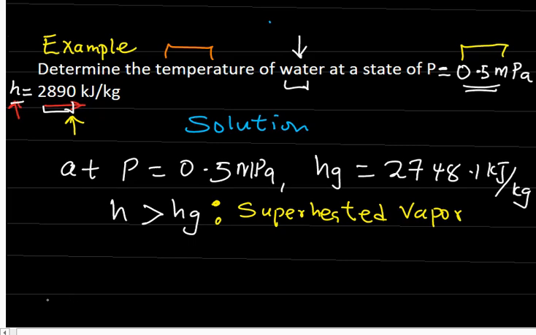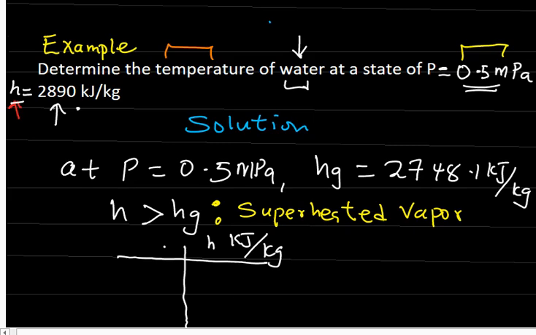All right, so when you get to the superheated vapor table to read the temperature at this enthalpy of 2890, you will discover that you will not have this particular value, but you have a value that is less and a value that is greater than this. Let's say this is the enthalpy column, in kilojoule per kilogram.